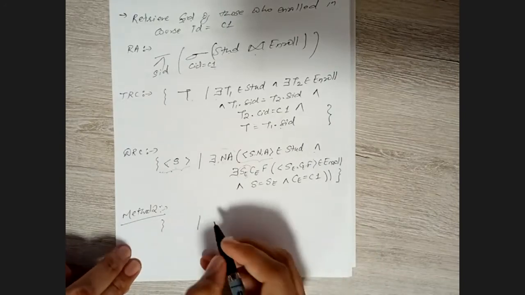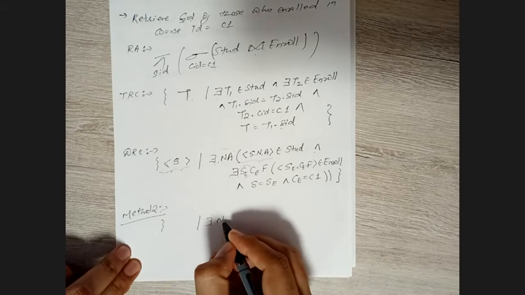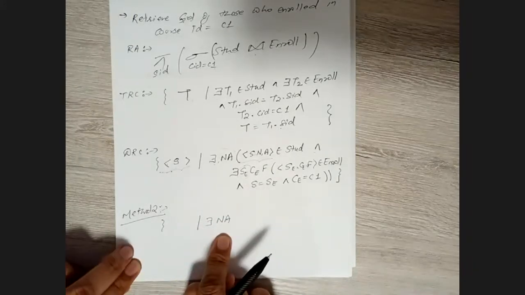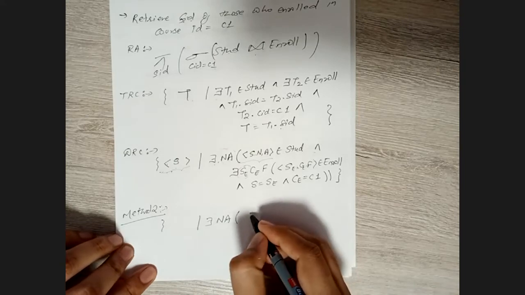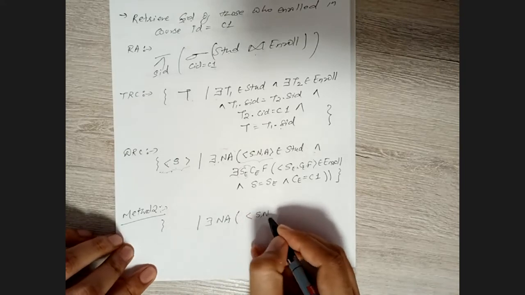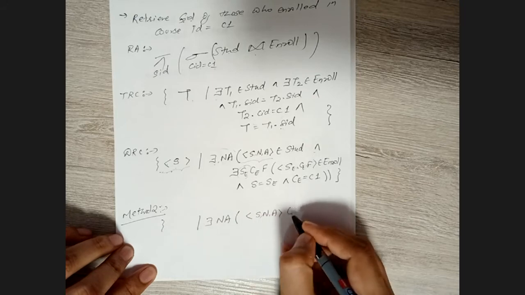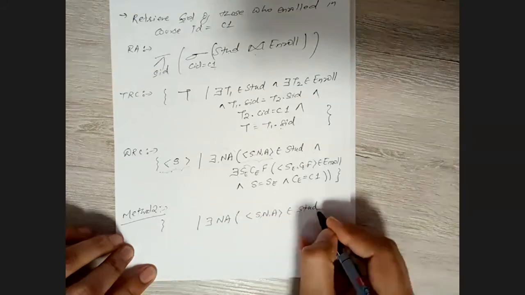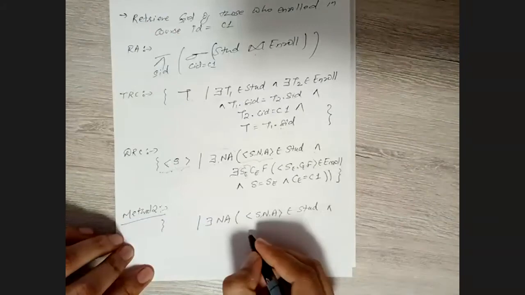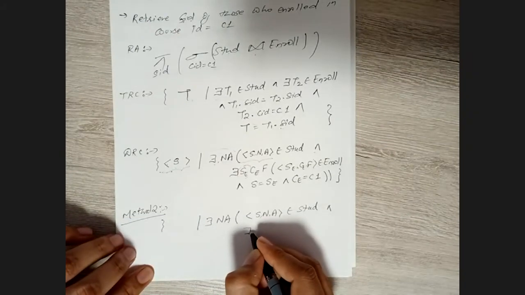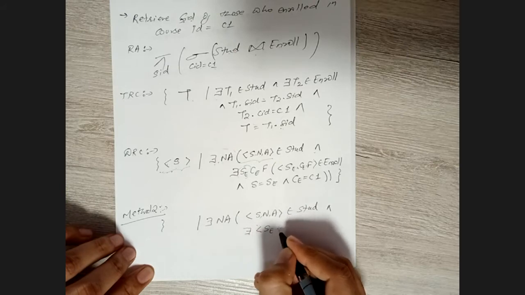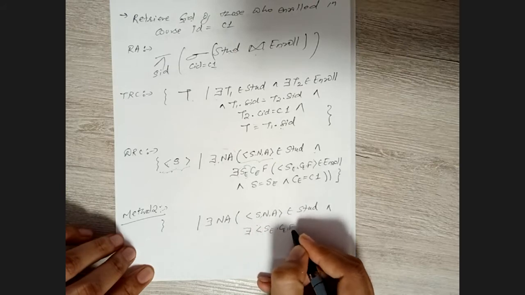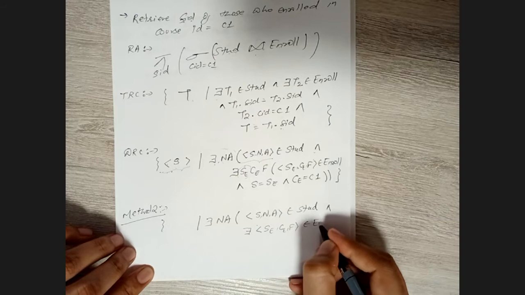Understand so far. Again, I'm writing the same thing so far. Let's say there exists NA, but right now what I'm writing here is S comma N comma A belongs to student. That's fine. And now see, there exists, directly I'm writing SE, CE comma F belongs to enroll.